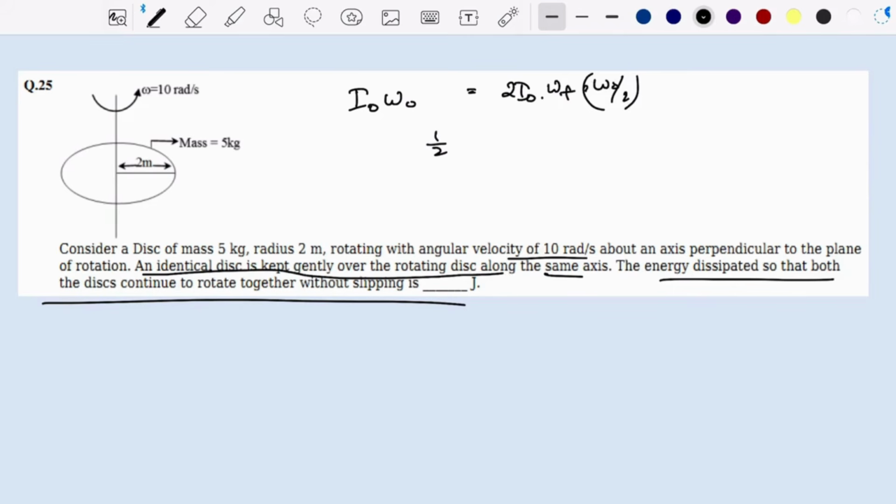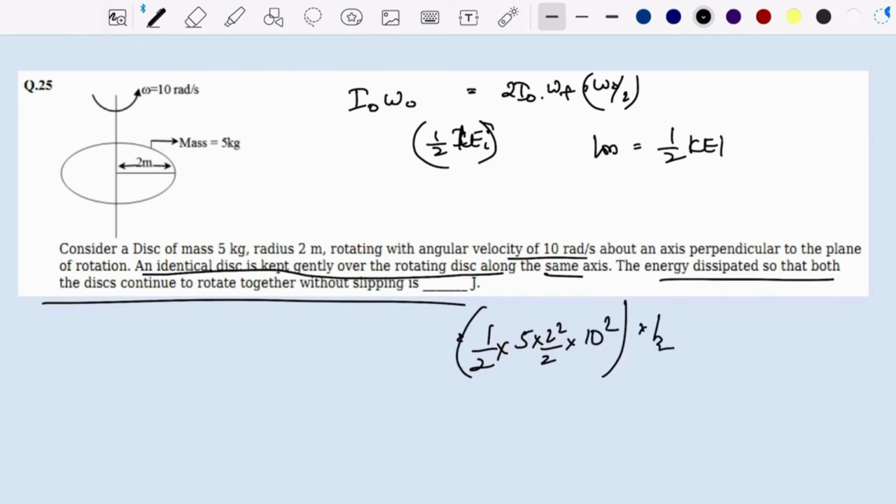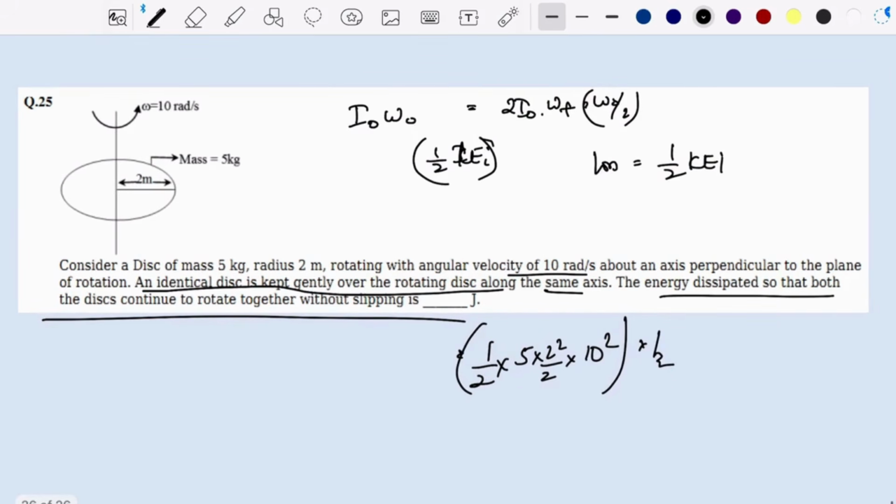Because that's generally the logic, when mass doubles and velocity becomes half, kinetic energy becomes half. So the loss in energy is basically half of kinetic energy initial, which is half times I initial, which is mr square by 2, 5 into 2 square by 2 into omega square, 10 square, into half. So this is 500 by 2, which is going to be 250 joules. That is the right answer. So that's all.